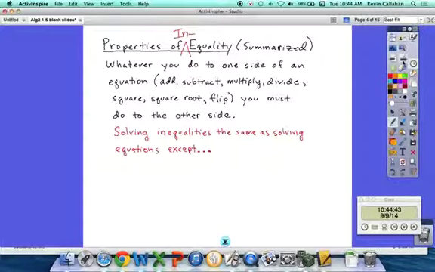Just make sure whatever you do to one side, you do to the other side. There is a table in the book that shows that, but this is the summary of it. It will work the same except for two exceptions, which I'll show you on the next slide.